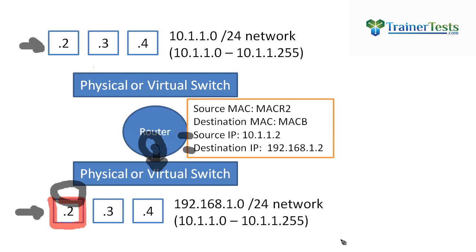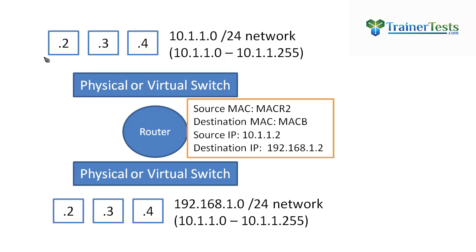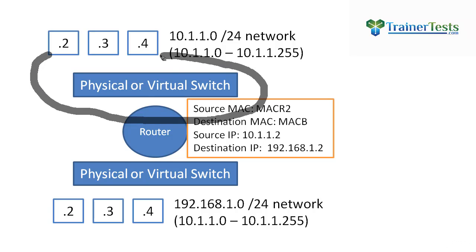So what I want to illustrate here is that these layer 2 MAC addresses are unique to their layer 2 segment. That's the only place that those addresses are significant. When we saw frames flowing within this layer 2 domain up here, those source and destination MAC addresses were relevant.